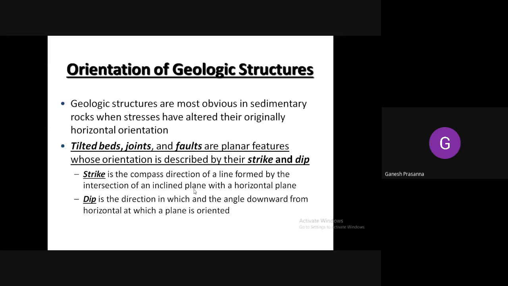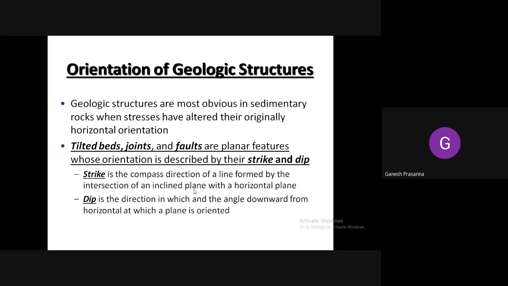The tilted beds, the joints, and the faults are planar features where the orientation is described by a strike and dip. Strike is the compass direction of the line formed by the intersection of an inclined plane with a horizontal plane. The angle of the strike gives the direction of the rock.